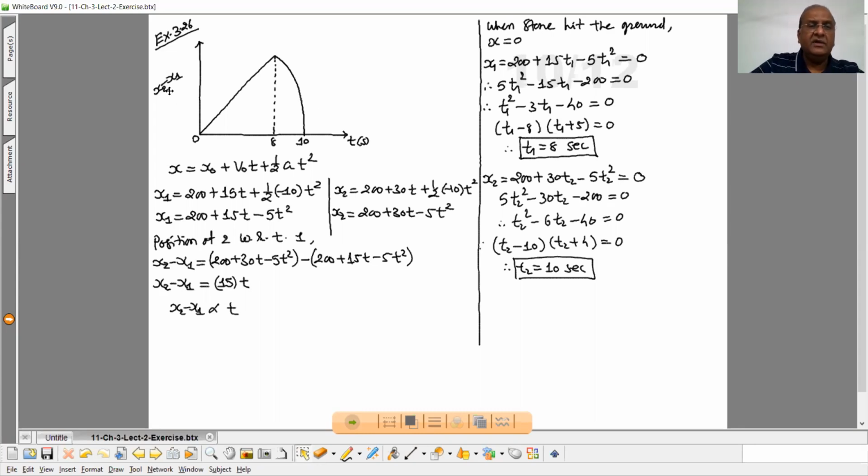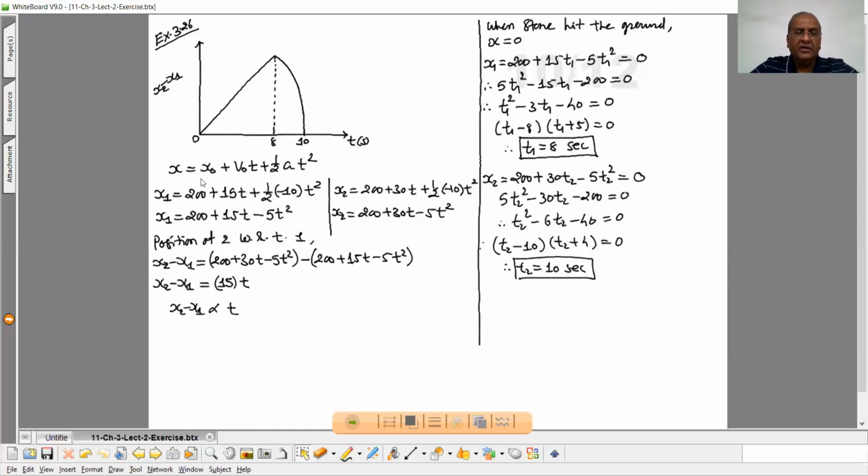Now, the graph of relative position x2 minus x1 versus time is given to you. Up to 8 seconds, the graph is a straight line, and then from 8 to 10 seconds, it is parabolic. Now, we have to justify this with the help of equations.